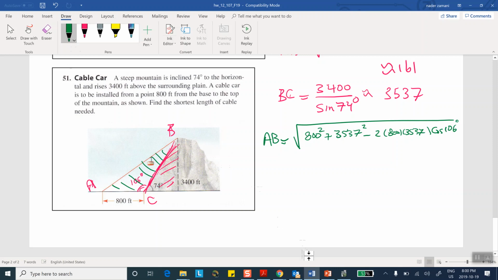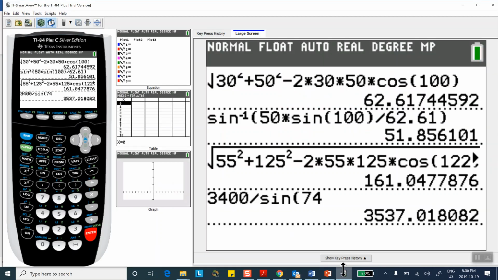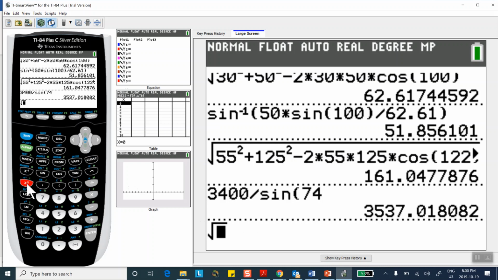So let me plug these in. I have to go back and forth between these numbers. Second function, square root.